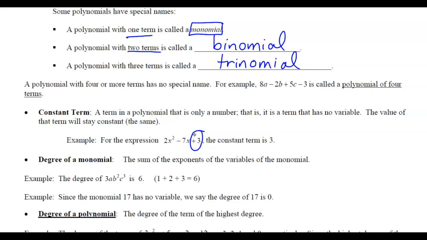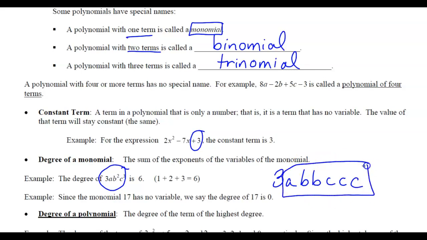It's how many variables are multiplied together in a monomial. So here, how many variables? Well, there's A, B, and C, but there's more than one B and C. If I show this the long way, it's 3A, B times B times C times C times C. So in total, there are 6 variables multiplied together.